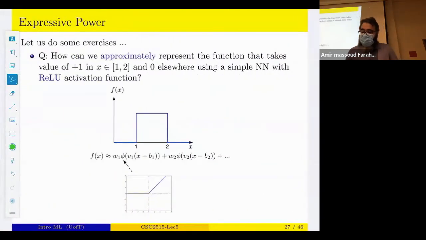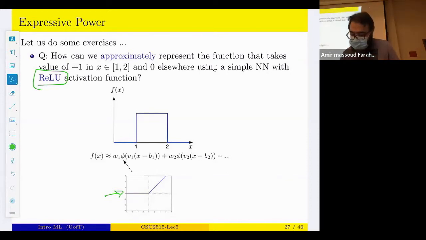So now suppose we don't use a threshold, but we use another activation function, for example, ReLU, which looks like this. Now the question is how we can approximate or represent this function. In the previous case, we could have an exact representation. In this case, we can only have an approximate representation.